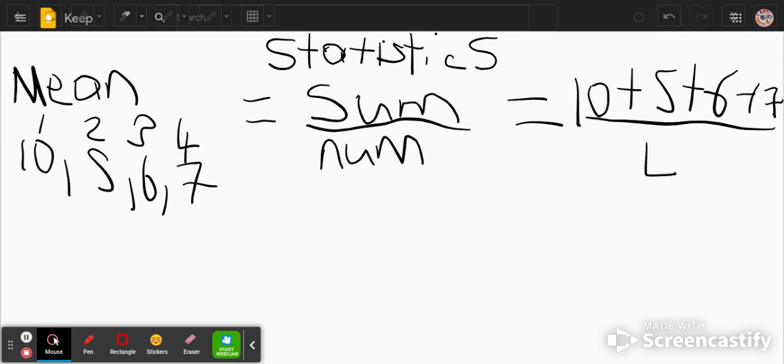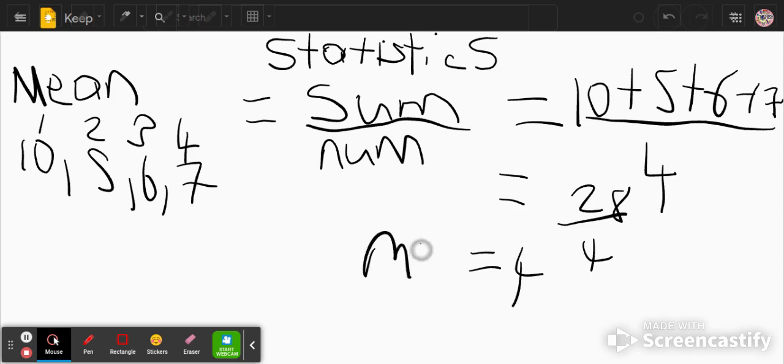So it'd be 10 plus 5 plus 6 plus 7 divided by 4, which would give us 28 over 4, which leaves us with 7. So the mean is equal to 7.